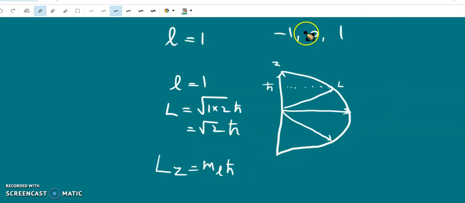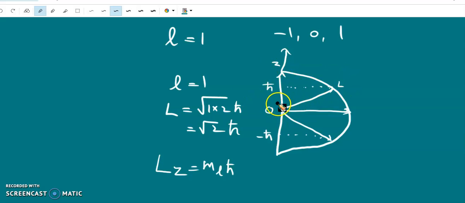So ml can have 3 values: h cross, 0, and this one is minus h cross. The angular momentum vector can orient in space such that its z component is always ml times h cross. So for l equal to 1, there are 2l plus 1, that is 3, possible orientations. All other orientations are not possible.